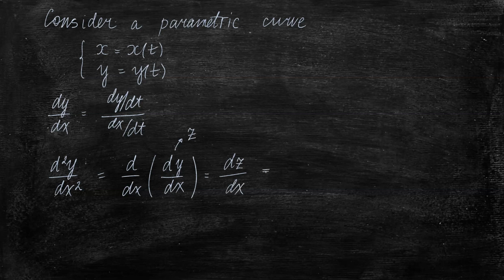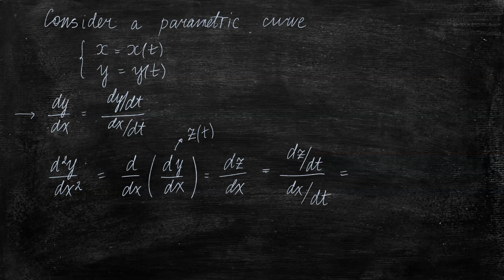And if z is a function of t, which it is, then we can use the formula that we just established, this formula, to find the derivative of dz dx. So it will be dz dt over dx dt. But what is z?